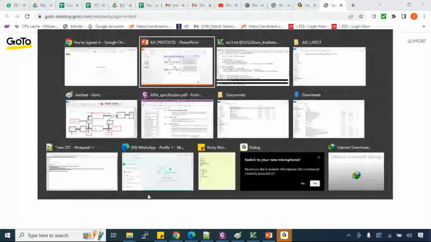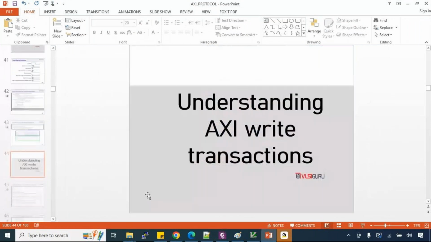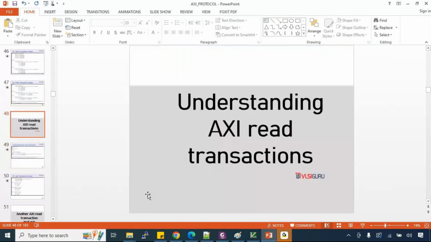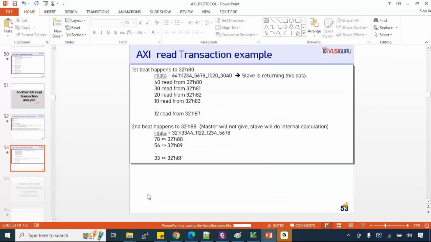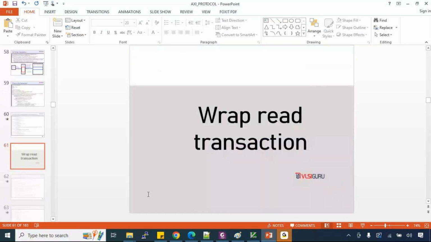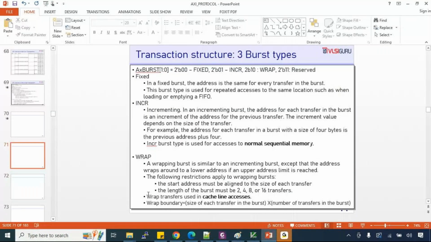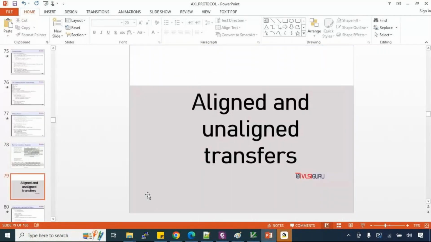Otherwise, things move very quickly. You will realize that by tomorrow's session itself, we'll be starting with some complex things like wrapping transactions, narrow transfers, and aligned and unaligned transfers. If you don't come prepared with the basics, you won't understand anything. Okay. We'll end the session.